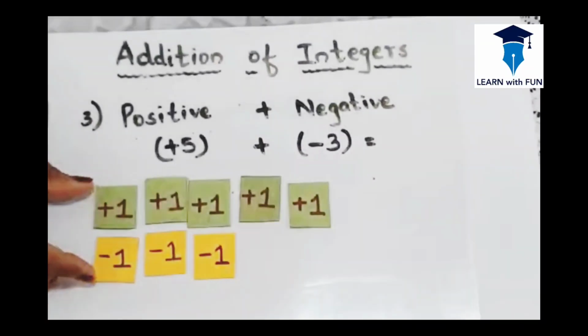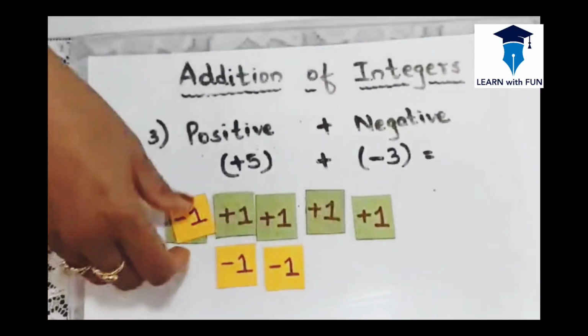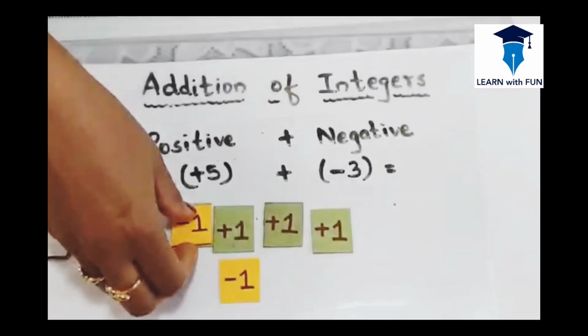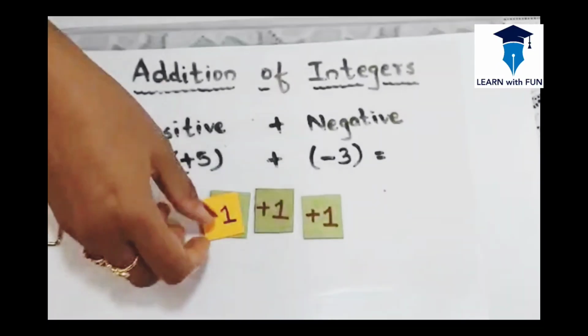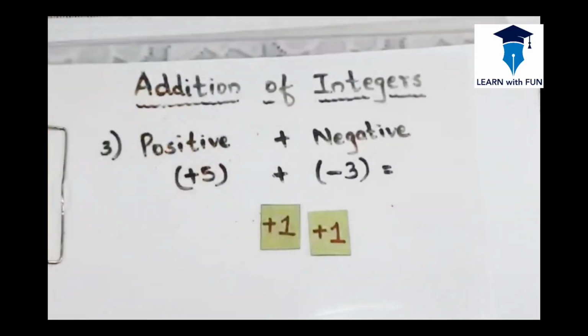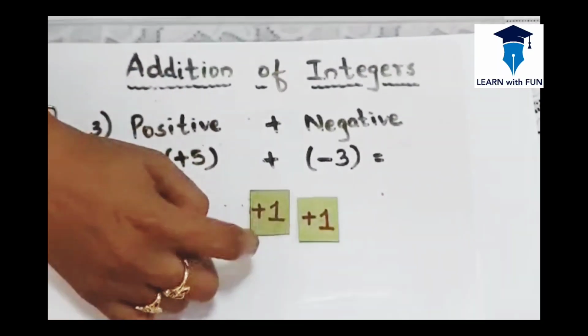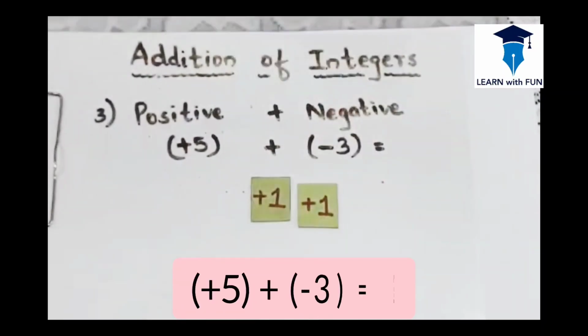And with the additive inverse, you might have understood that plus 1 and minus 1 is actually going to make it 0. Similarly, plus 1 minus 1 will be 0. Plus 1 minus 1 is going to give you 0. So you are just left with two positive numbers. So plus 1 and plus 1 is actually going to give you the answer as plus 2.